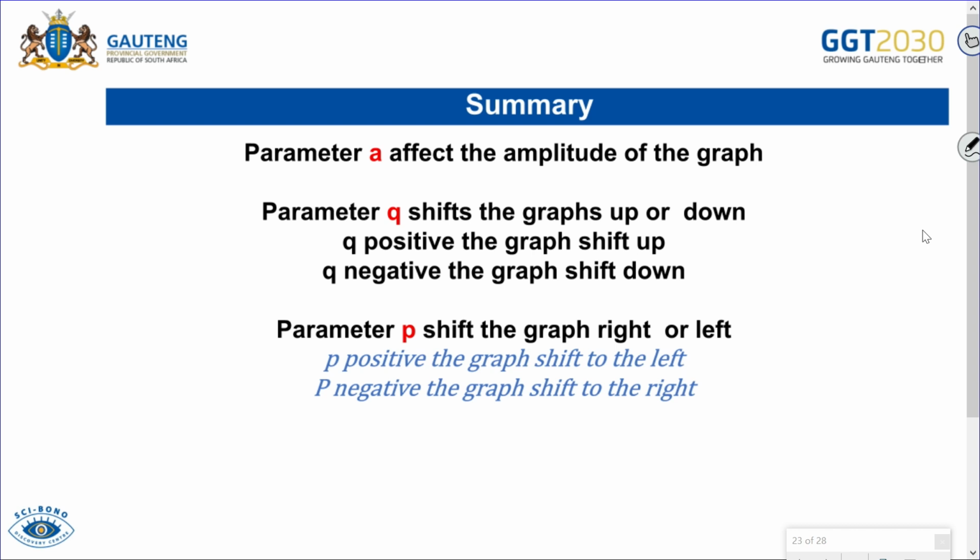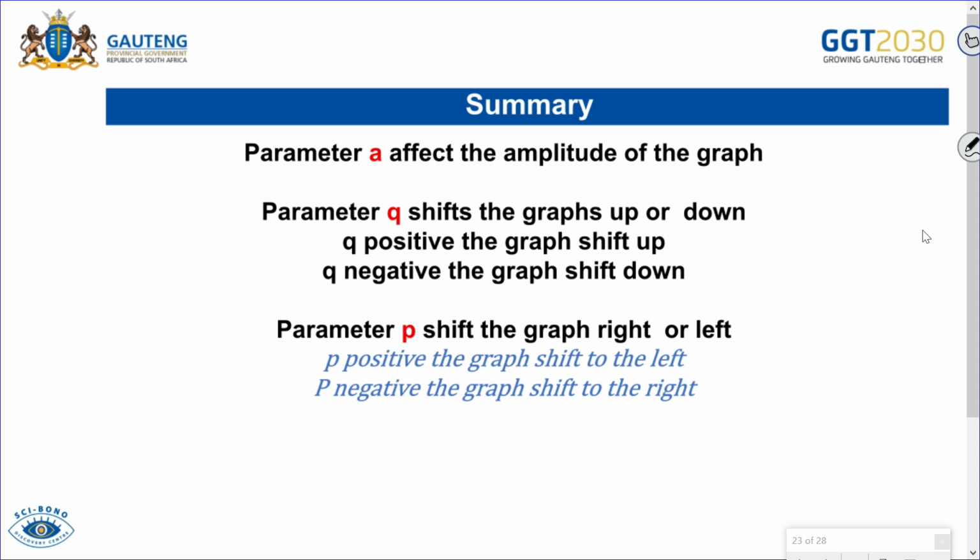Okay, let's look at the summary. Parameter a affects the amplitude of the graph. Parameter q shifts the graph up or down. If q is positive, the graph will shift up. And if q is negative, the graph will shift down. Parameter p shifts the graph to the right or to the left.